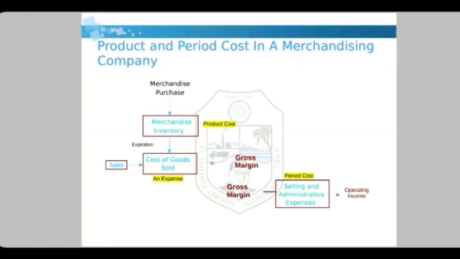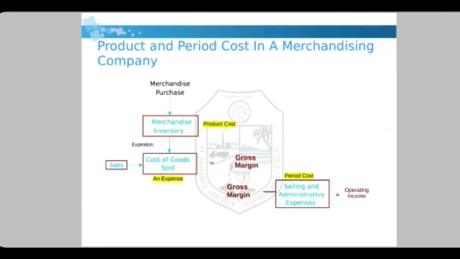All these costs, that is, the inventory cost of the 900 steel bars that they have stored, plus the cost of goods sold, that is, the 100 steel bars, will be your product cost. Now you know the gross margin.